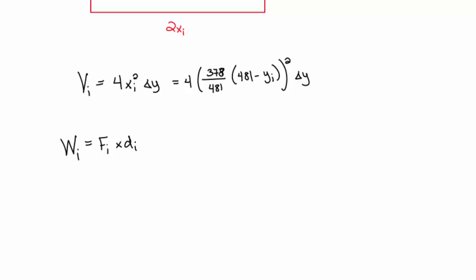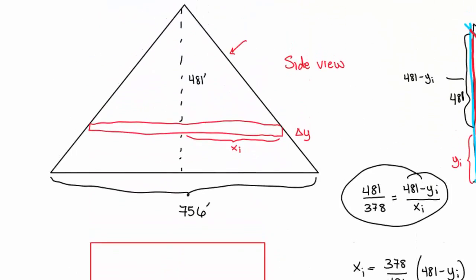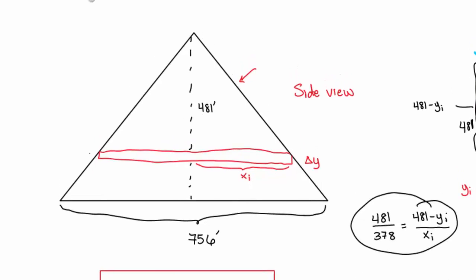Now, this is where this problem is slightly different than all the other problems, because if you look at this pyramid, I am not moving this layer right there all the way to the top. That's actually not happening. I actually move that layer from here to here, from the ground to that top. And in fact, the biggest layer, the layer on the ground, didn't get moved at all. That layer did not get lifted.